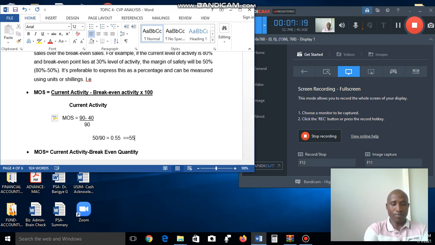So we expressed it in percentage form. This is how you can calculate your margin of safety.